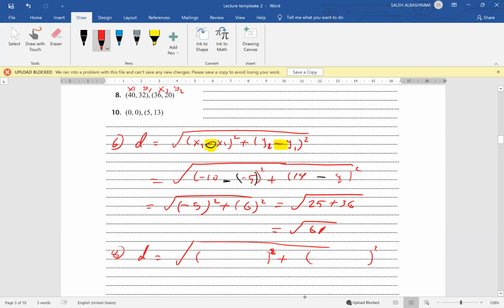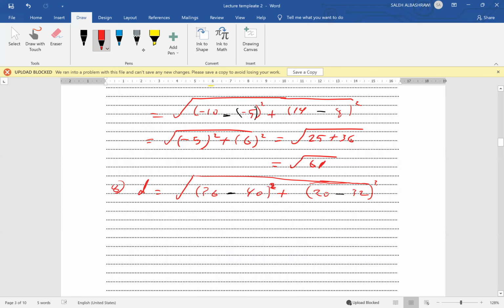I have x2 is 36 and x1 is 40, and we have negative between them, the difference from the formula. Y2 is 20, y1 is 32, and negative sign from the formula. We have to put it in this way so that we will not mix this negative with the negative of the coordinate sometimes.